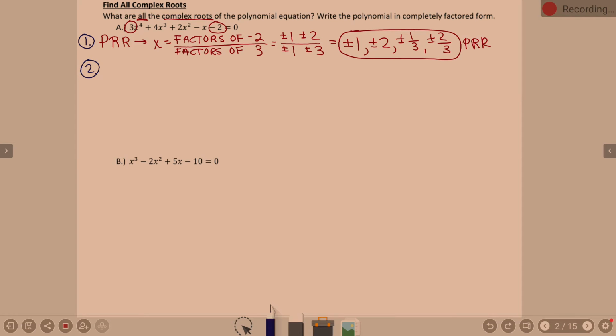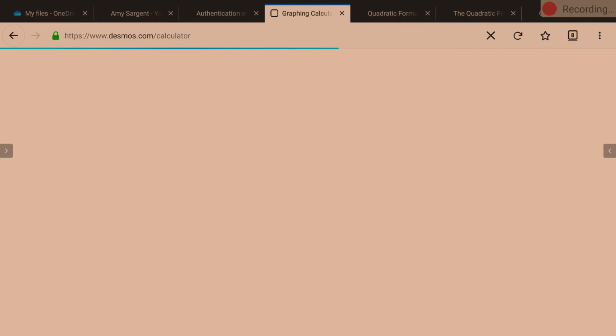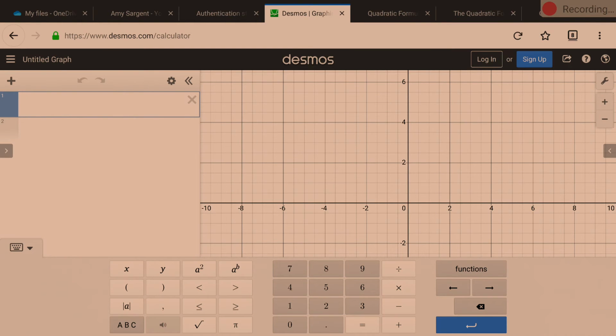And I should have gotten this ready on Desmos. So graph this, the provided equation.